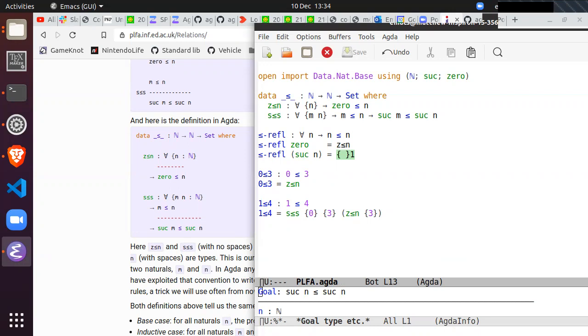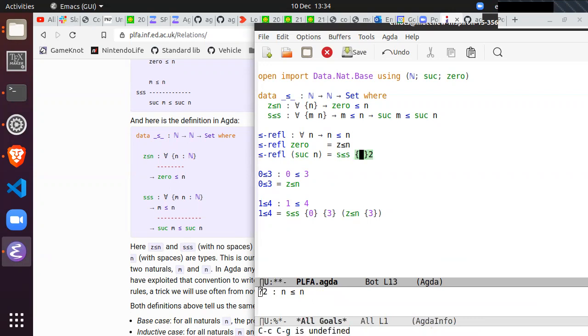And if we've got suc n, well, that's relatively easy too, because that's exactly our s less than or equal to s case. So we can press refine, s-less-equal-s, and then we've got to prove n is less than or equal to n. Well, we can apply induction, right? We can recurse on it. Indeed, if you press auto, Agda will fill that in for you.